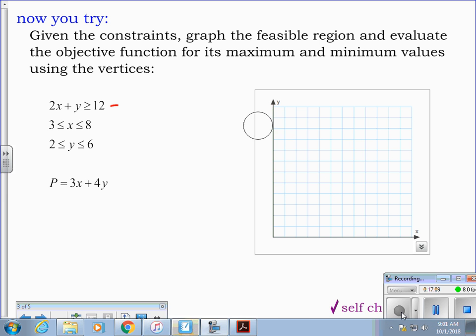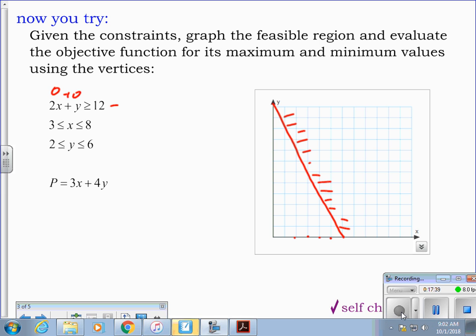Okay, and I want to test it. Put in 0. 0 plus 0. Is 0 greater than 12? No, so it doesn't change the side.